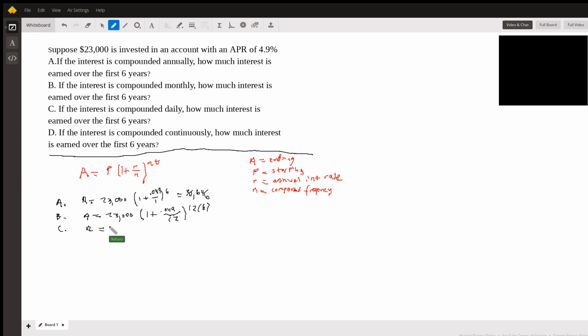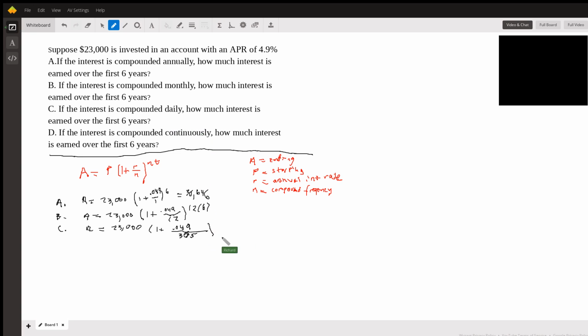A is going to be 23,000 times 1 plus 0.049 divided by 365, every day. So it's compounding daily. You don't see this very often, but sometimes you do.